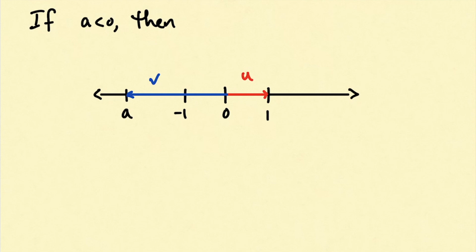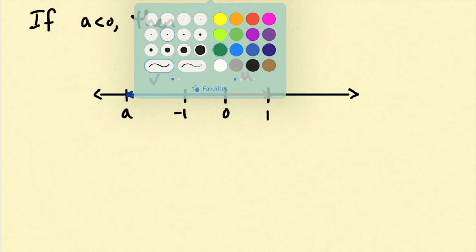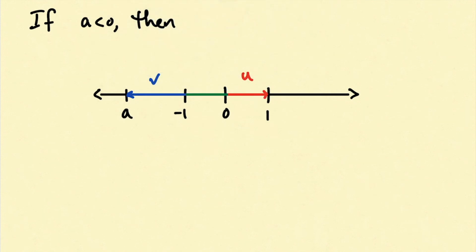So we can think about taking the unit vector u and rotating it 180 degrees so that the new vector points from the origin to -1. Then, as before, if a is larger than 1 in magnitude, then we can think about stretching the vector negative u by a factor of a to get v.